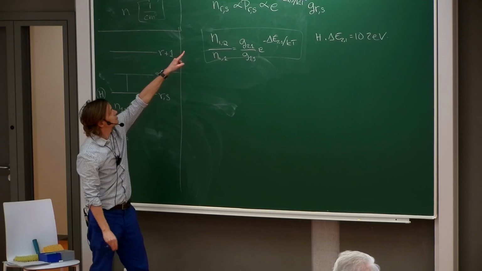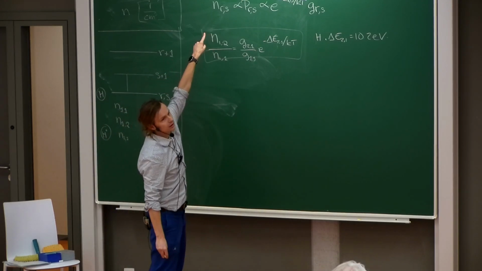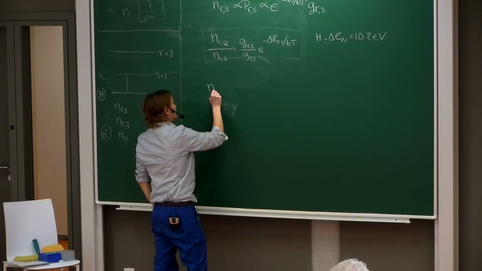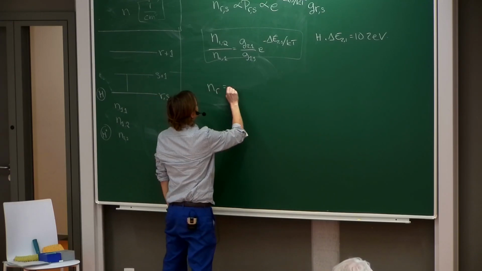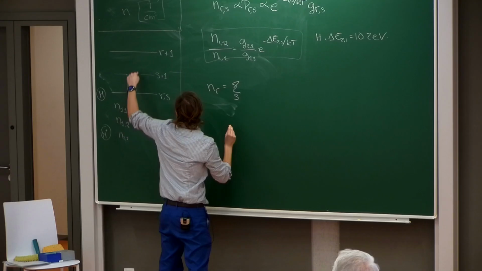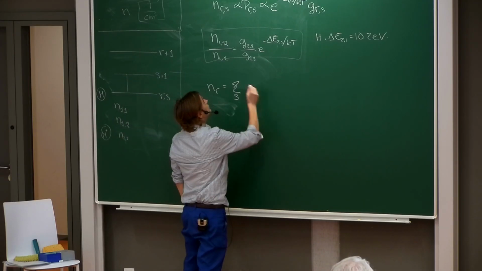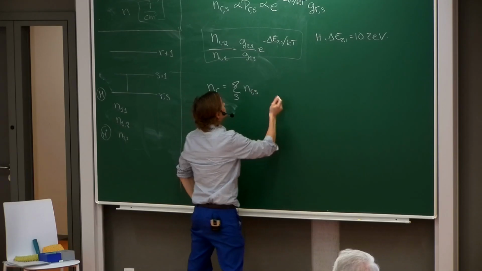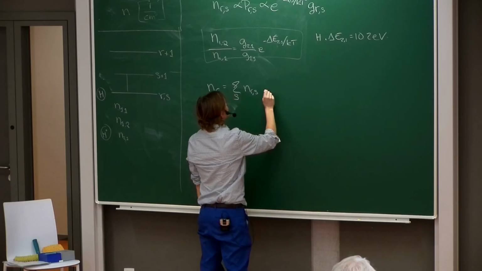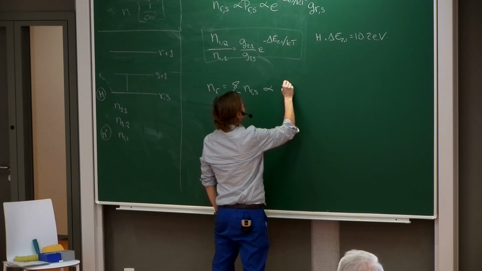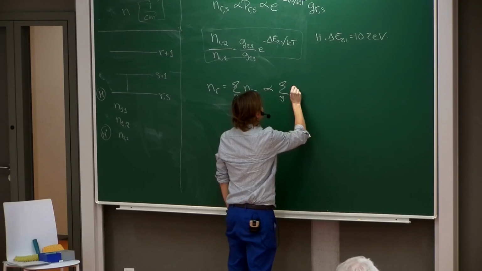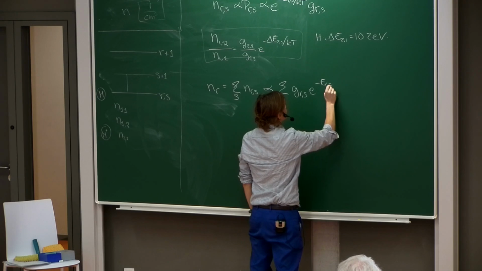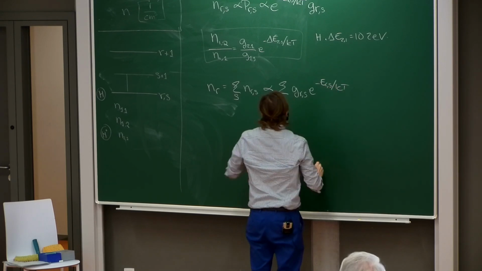You can also choose to sum over all states here, such that N of R then, of course, is the sum over all S states that you have, NRS. So you can see that that is going to be proportional then to the sum over all these dual weights, and then all the excitation energies like that.